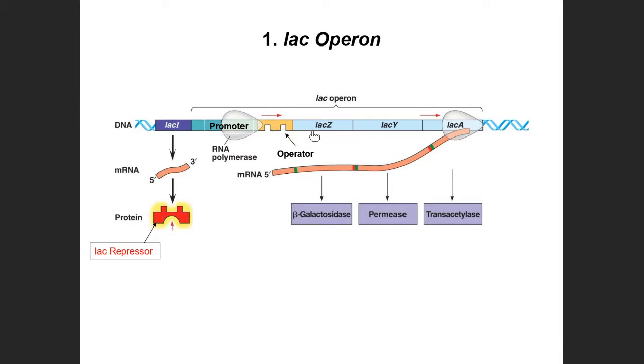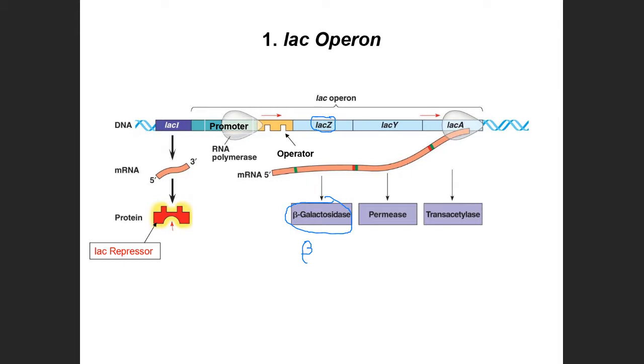These genes, in the order that they're transcribed, are LacZ, LacY, and LacA. The LacZ gene codes for a single polypeptide that folds into an active protein enzyme known as beta-galactosidase.